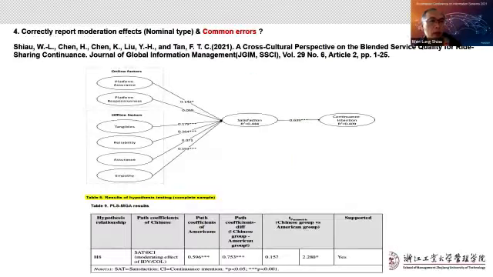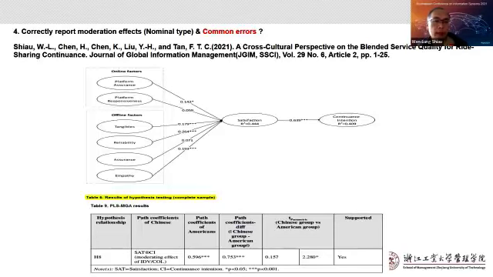If you have nominal types and you want to report the moderation effect, you will compare the path coefficients of the 2 models. So many researchers cannot distinguish group comparisons. Of course, you can use the multi-group analysis method to do it.